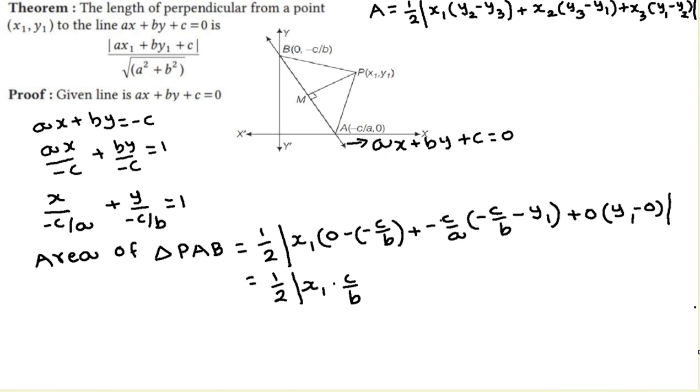Let's multiply it: minus c by a into minus c by b gives c square by ab, and minus of minus gives plus cy1 by a. The last term is 0.